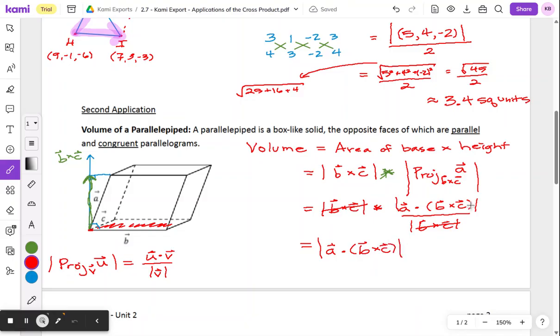And you're probably thinking, that already is going to be a scalar because whenever I take the dot product, it is a scalar. But in this case, where the magnitude will come in useful is we need this to be a positive value, okay? We would never have a negative volume.